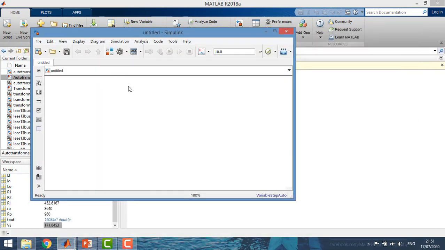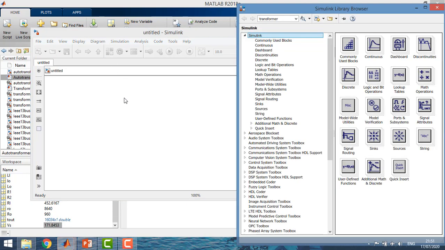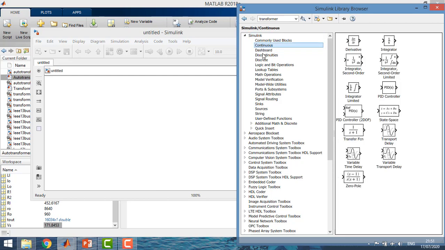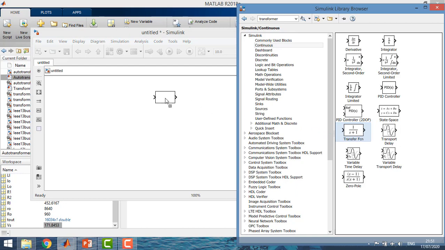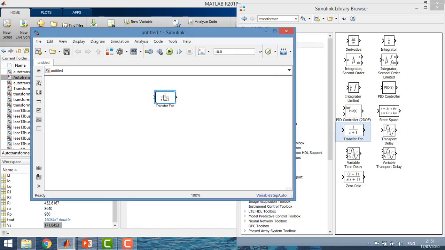So now let's go and build the circuits presented in the previous figures. The essential component to build this model is this block, which is a transfer function block.